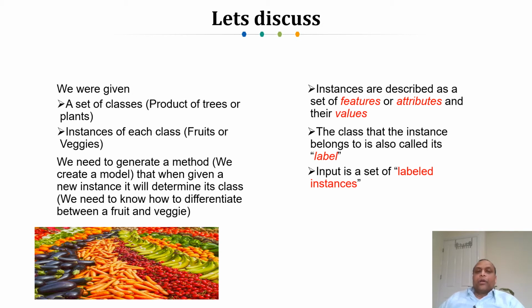So that's the input. And of course, the testing data set, which is also the input. By comparing with the training data set, the machine identifies whether these are fruits or vegetables, and if it is a fruit, what kind of fruit it is, if it is a vegetable, what kind of vegetable it is, right?